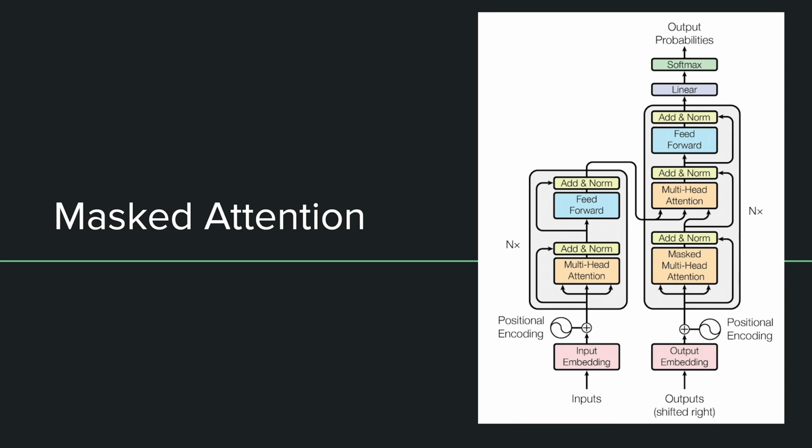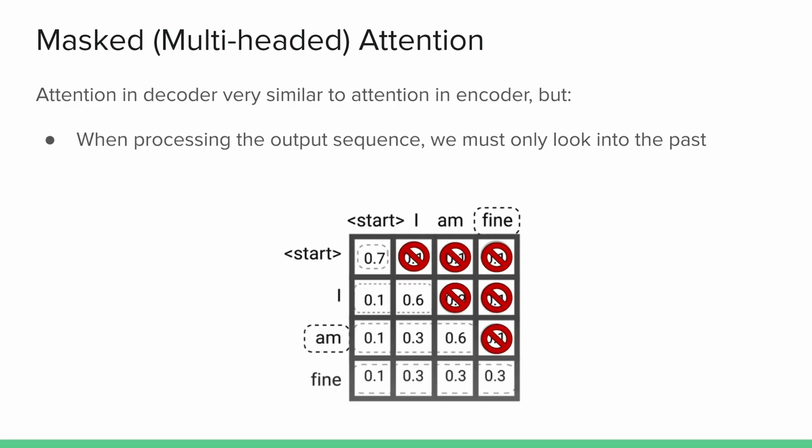Coming to the next attention block, which is the masked multi-head attention in our decoder, that I really want you to understand first. So when we're processing the output sequence, we're basically doing something very similar. We're also trying to understand, in, say, the English language, how words relate to each other. The problem is now that we're producing outputs, and for training we have already the output sequence that should be produced.